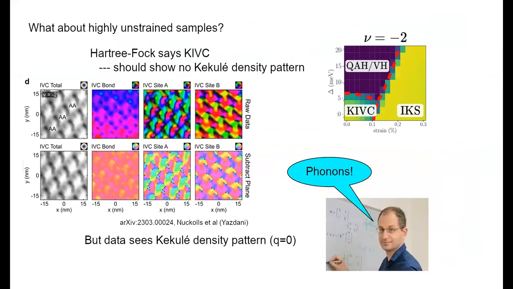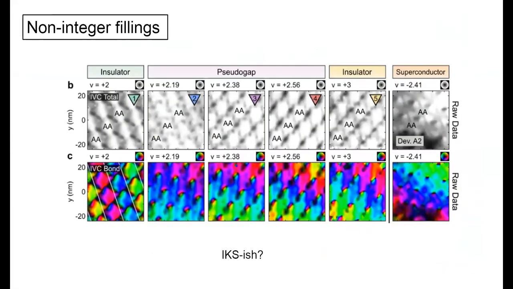If I look up here at this data, if you take some random filling, 2.38, 2.56, which is not an integer, it doesn't look exactly like IKS, but it looks IKS-ish. We can do a Hartree-Fock and find something that looks low energy and IKS-ish, and you can imagine using that as the parent state for superconductivity.